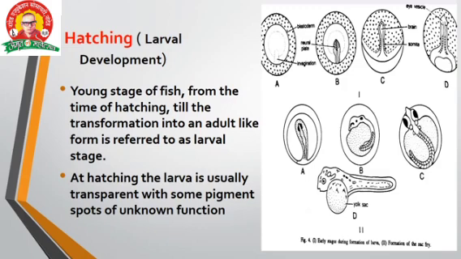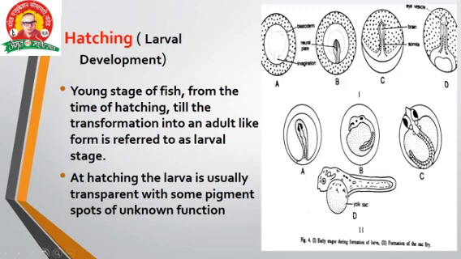Sometimes the appendages start making their appearance, and the yolk sac gets reduced. Finally, hatching occurs, and the embryo becomes a free swimming larva.